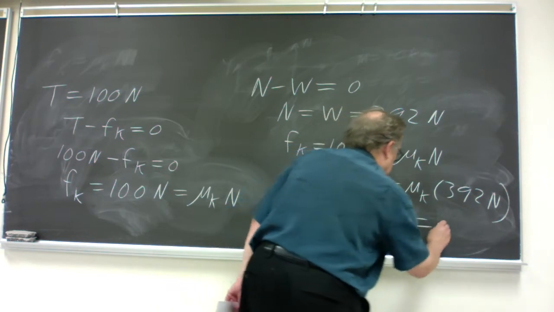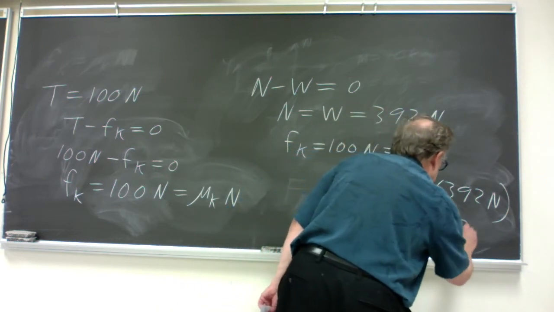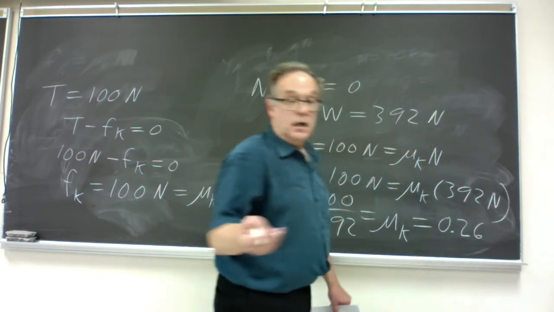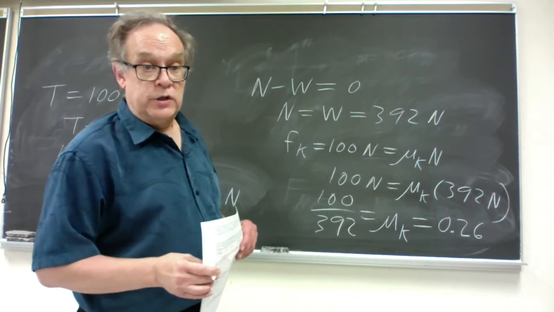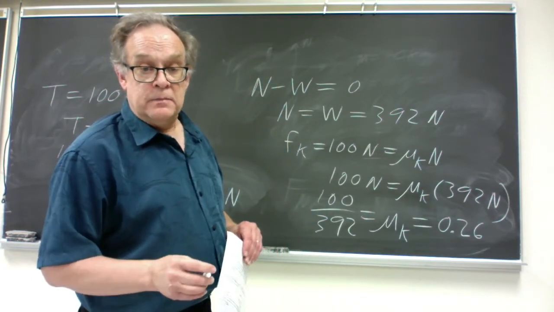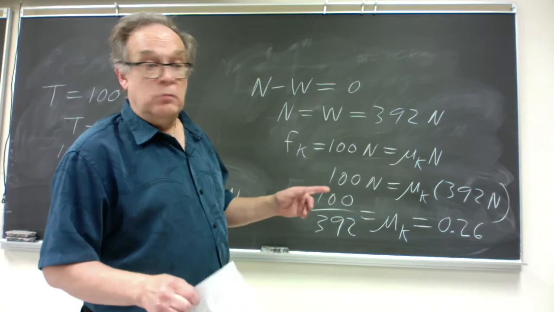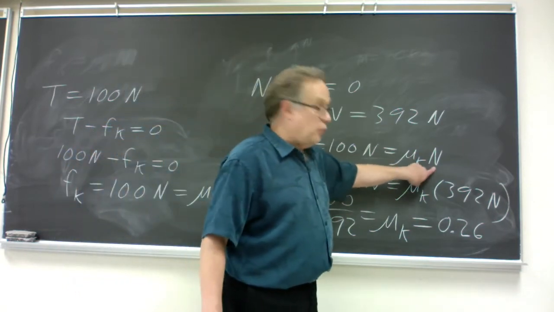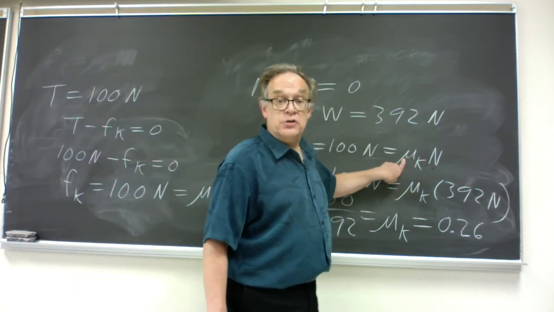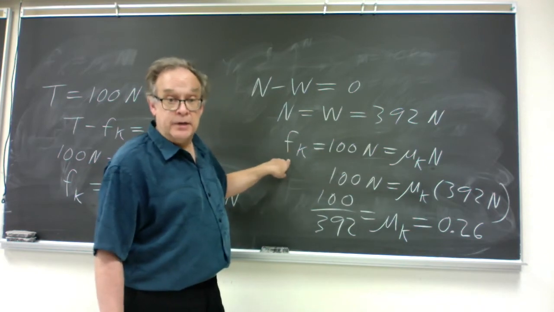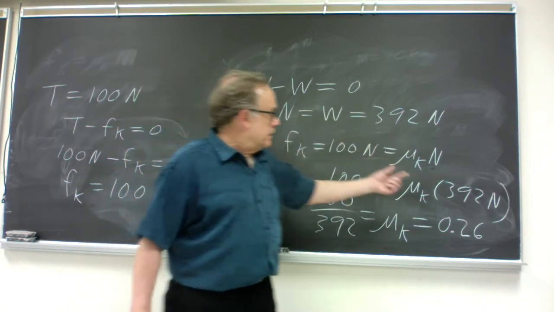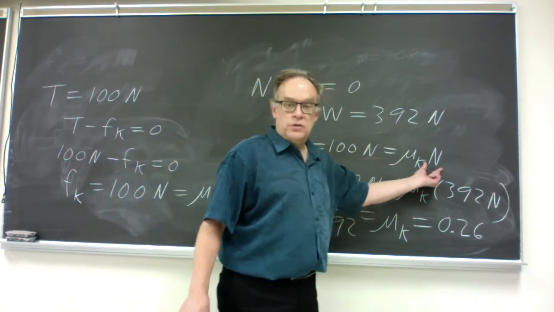And that comes out to about 0.26. No units for coefficients of friction, because when you multiply a force times a coefficient of friction, you get another force. So this is going to have units of newtons.